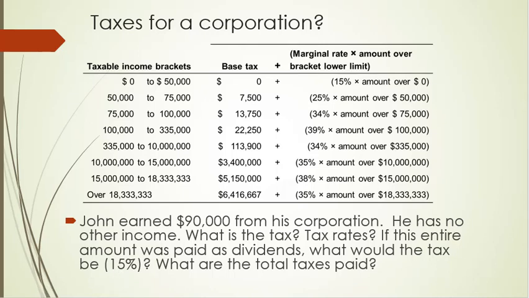Well, remember again, these tax codes have changed recently, but how you calculate this again, you find the $90,000, it's on this line. It's $13,750 plus 34% over $75,000. That's $18,850.